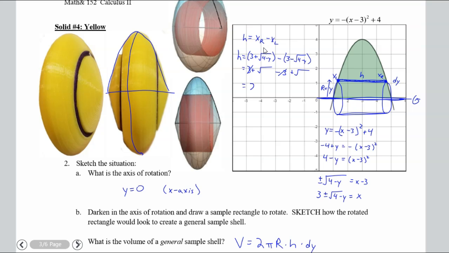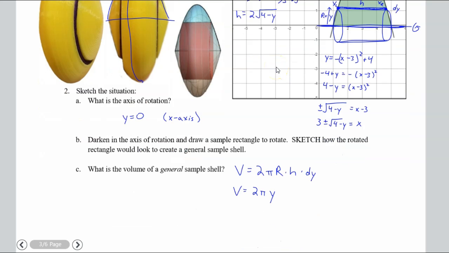So we get 2 times that square root of 4 minus y. So that would be the height of this rectangle at any particular height y. I can always get the height of this rectangle as 2 times the square root of 4 minus y. So that gives me that h in terms of y.